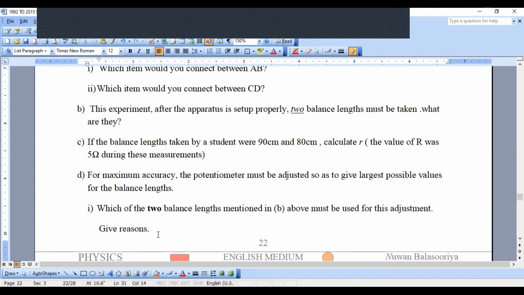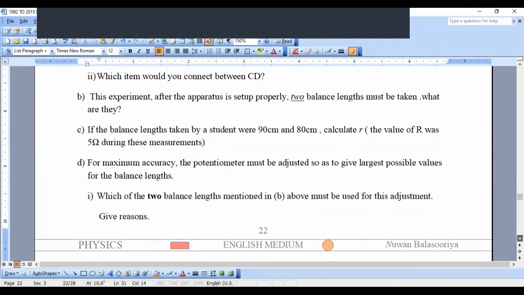Can somebody in the class read that answer once again? If the smaller balance length was used for the above adjustment, the larger balance length may exceed the length of the potentiometer wire. Then it cannot be obtained. Very good.